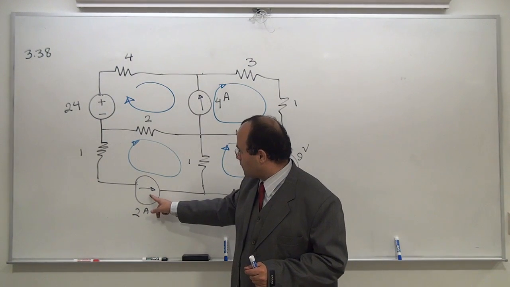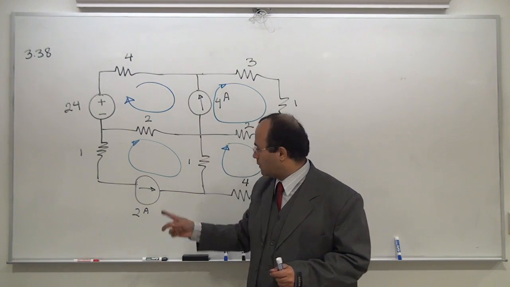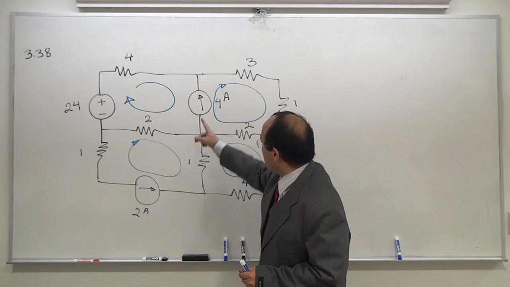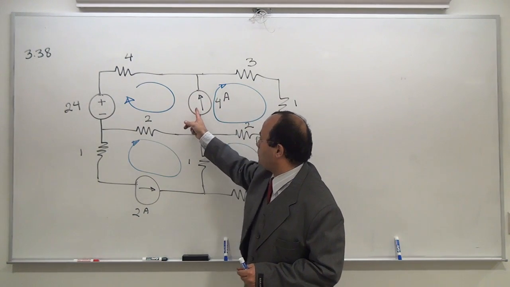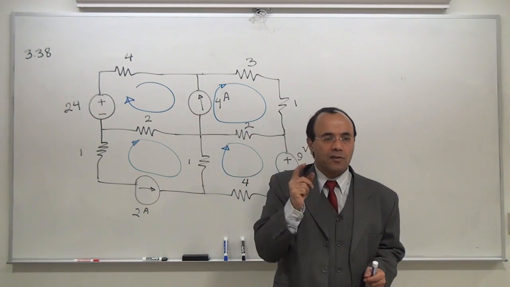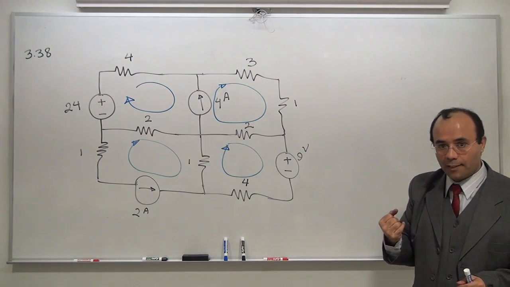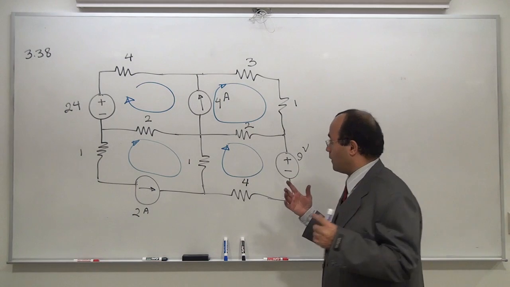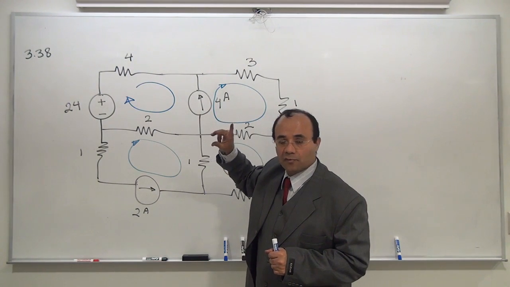If I take a look at this, I can see it is interacting with only one loop current. This is safe. If I take a look at this though, I can see two loops are touching it. In the technique I'm talking about, a current source has to be touched only once.